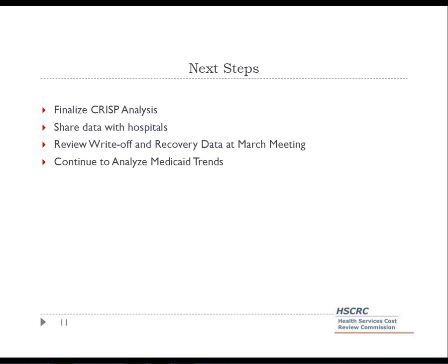We're also reviewing the write-off and recovery data. It's something we've collected for the first time from hospitals in the last year. We've received about 9 months of data from most hospitals. We're analyzing that, and we expect to report whatever information we have at the next meeting to give you a sense of the trends there by payer.